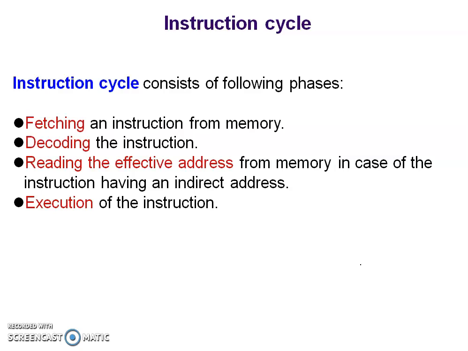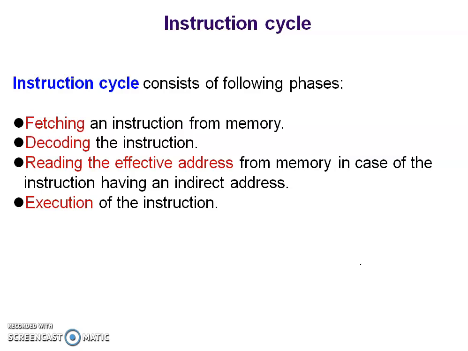And while executing the instruction, while doing the different operations with respect to this instruction, it comes across different phases, and it forms a cycle that is called the instruction cycle.